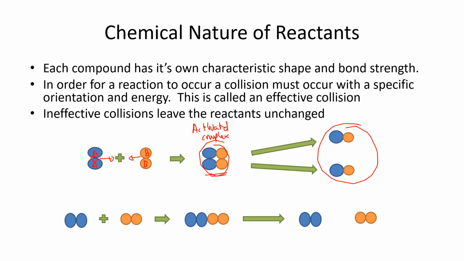Anything other than that, and you get what you call an ineffective collision. Those particles will just bounce off of each other and have to wait until they hit another particle with the right orientation. So the chemical nature plays a part due to the restrictions there might be on what an effective collision is.